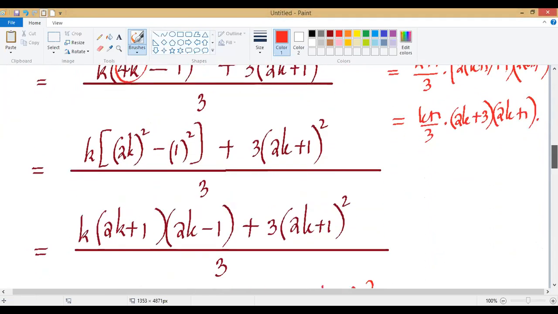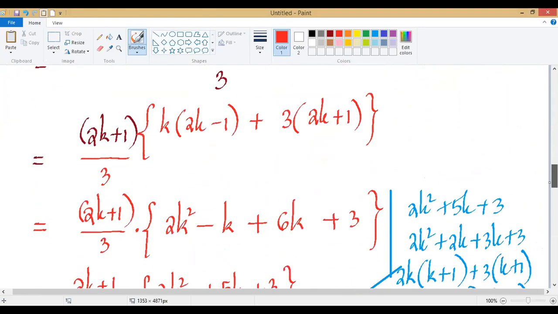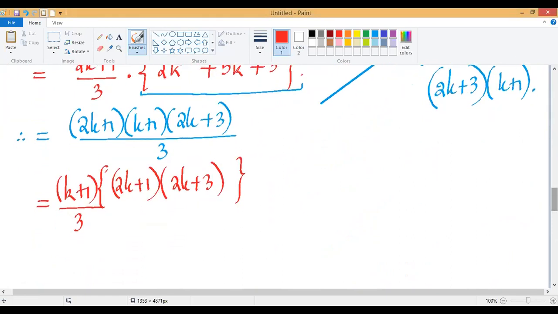So 2k plus 3 and 2k plus 1 times that k plus 1 is similar to what we have on the left hand side, which confirms that that series holds for any integral value of n. So at n equal to k plus 1, the proof still holds.